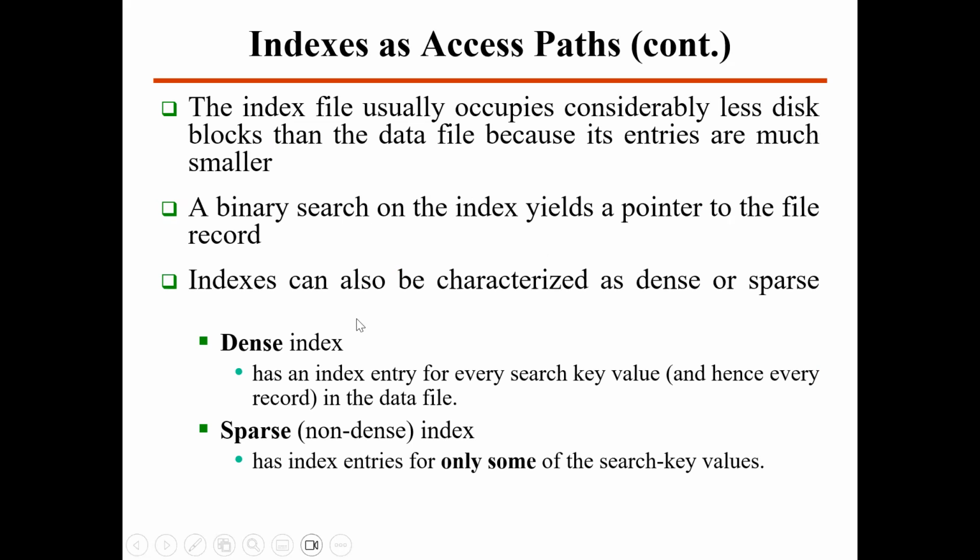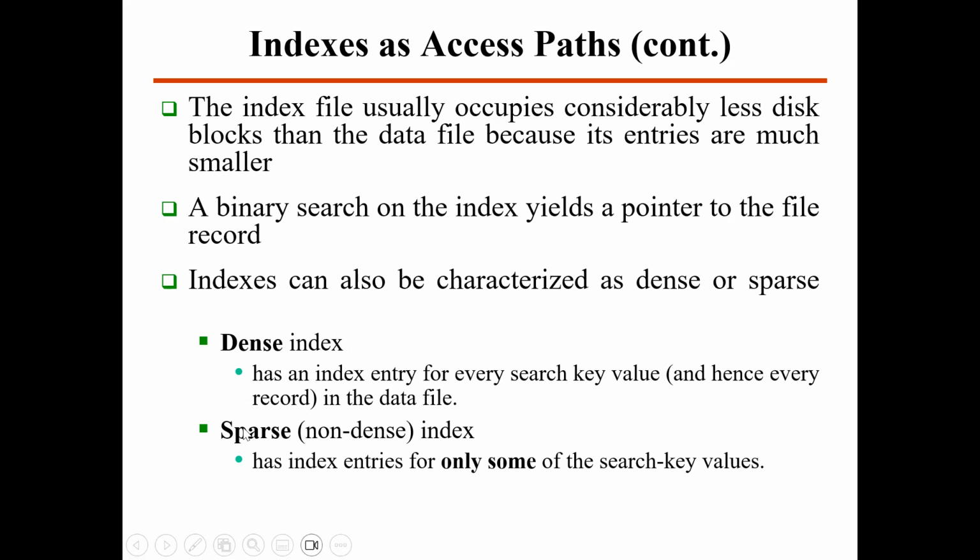There are two types of indexes. One is called a dense index, another one is called a non-dense index. Dense index means the index file has a link with every search key value.